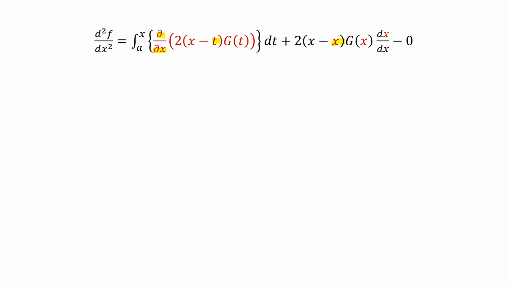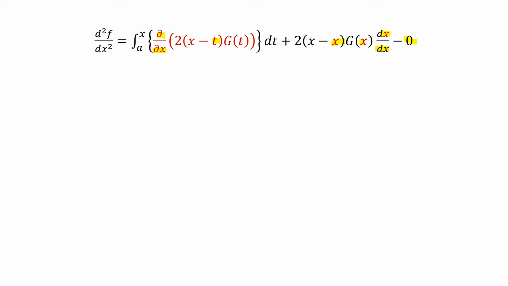In place of t you have to put x again, and the upper limit derivative with respect to x, so it is dx by dx. The lower limit is a, so corresponding to that the whole term will be 0.